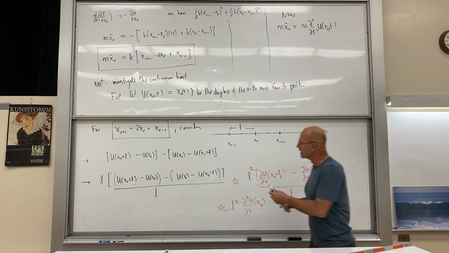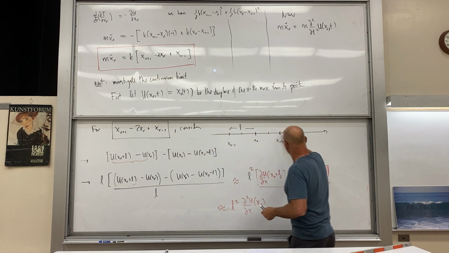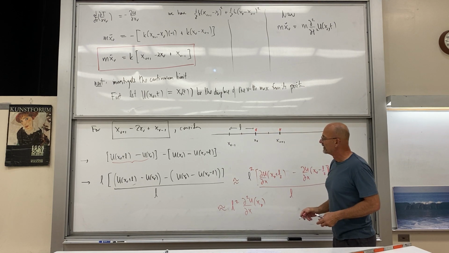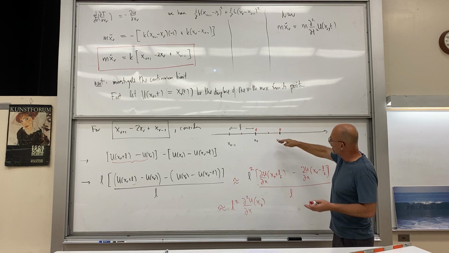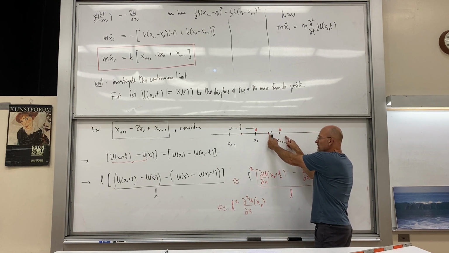See, for the first one, if you're looking at this here, you're evaluating here, and dividing by L, multiplying by L, means the difference quotient for the function in the middle.